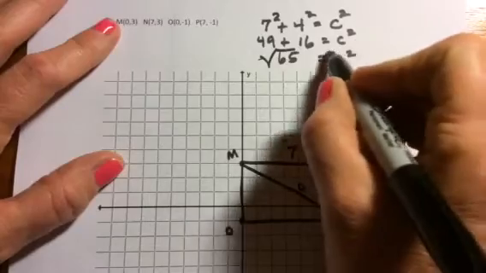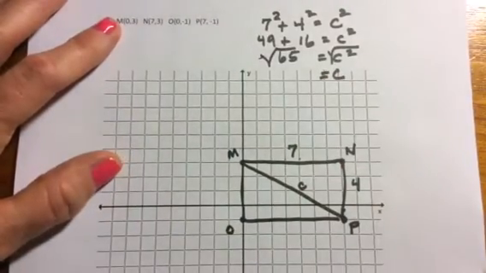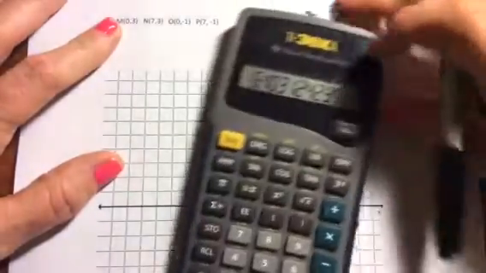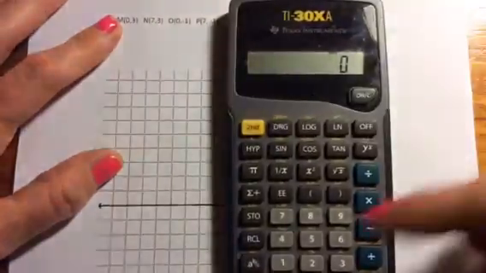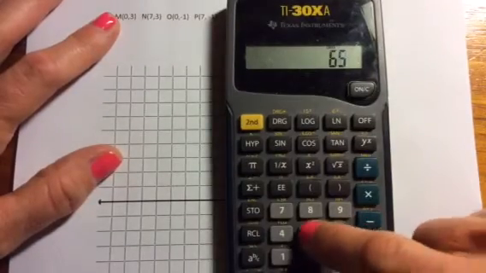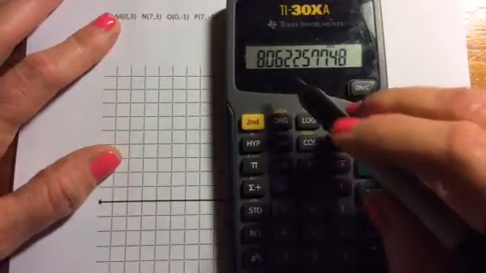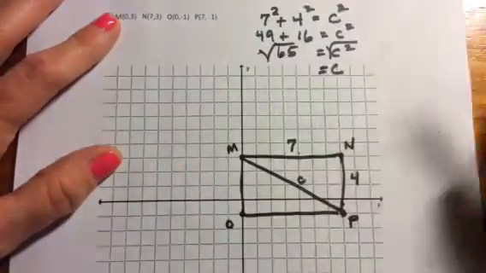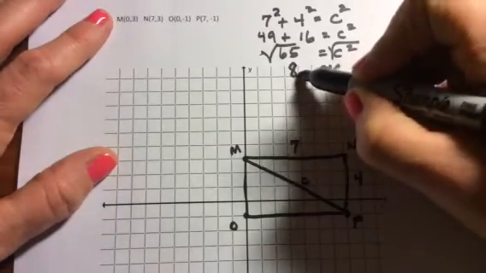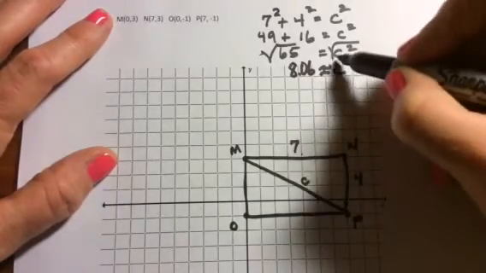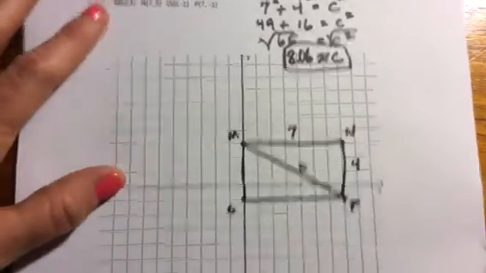And if I take the square root of both sides, c squared becomes c. And then on my calculator again, I'm going to do 65 and square root that. So that's going to be 8.06, and we'll just round it to the nearest hundredth again. So that's going to be approximately equal to 8.06.